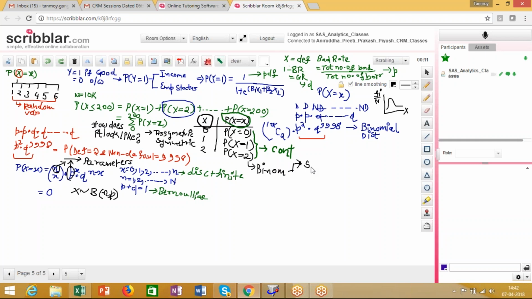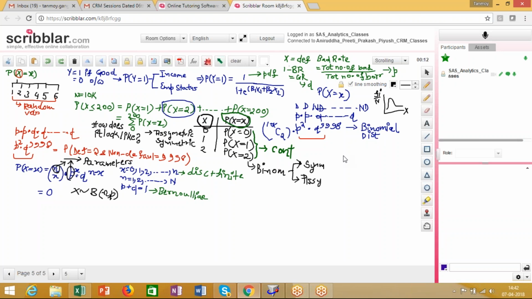What I want to understand is whether the binomial distribution is symmetric versus whether it is asymmetric.